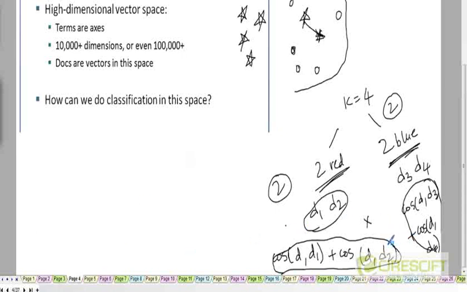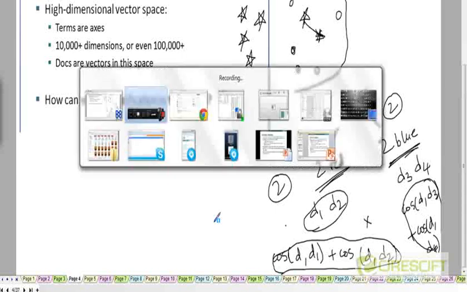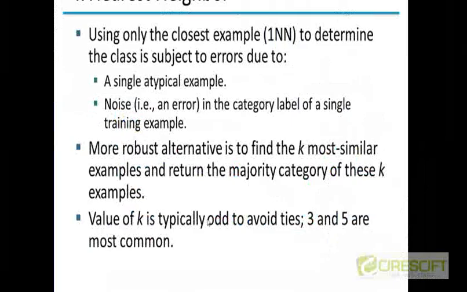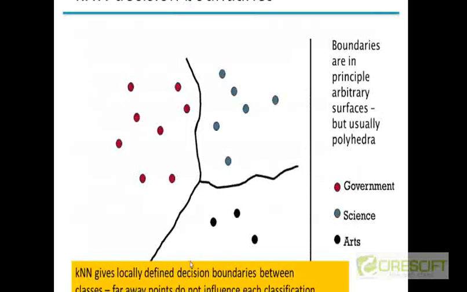We could weigh each neighbor based on how close the vector of that document is in terms of the angle between that vector and the test document vector. Any questions about this? Okay.